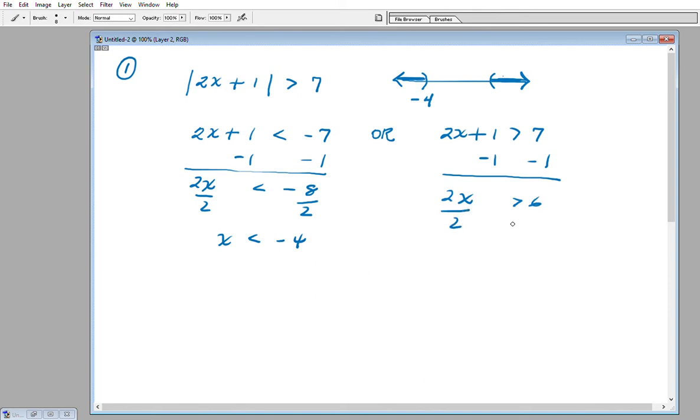Okay, divide by 2. x greater than 3. So the right-hand side is from 3 on to infinity. The left-hand side from minus 4 to minus infinity. Okay, so we can write it like this. You can write or union.